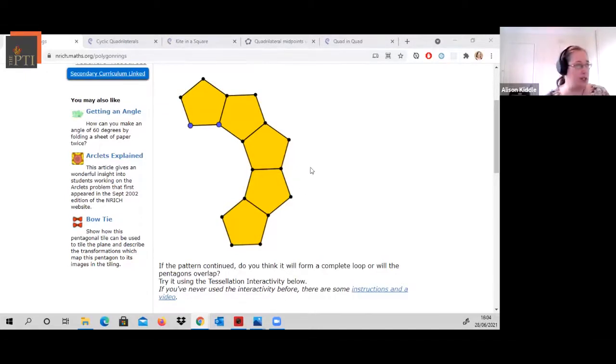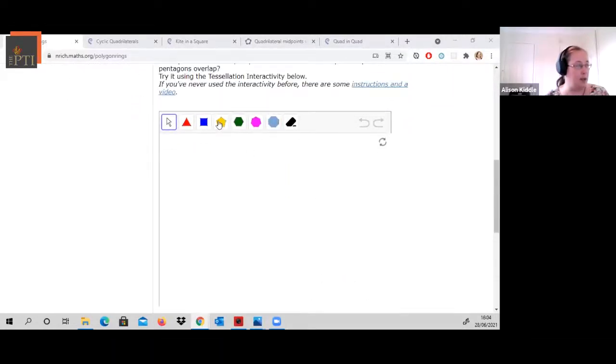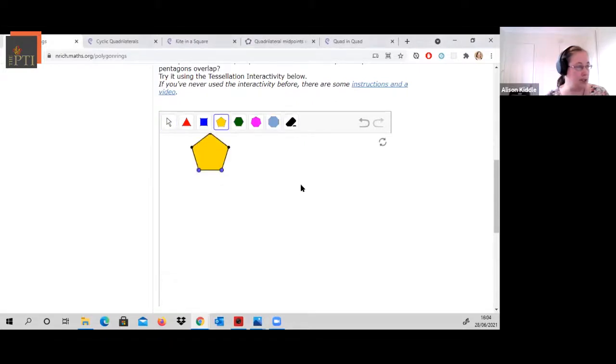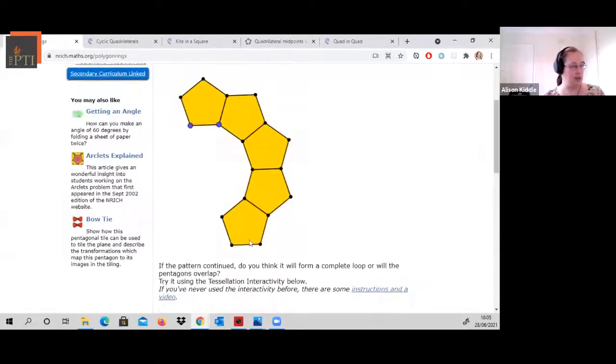One way that you can explore this is by using the interactive environment that appears in the problem. So I can click on the pentagon and then I can click 2 points. It uses Geogebra and that specifies the pentagon. And then I can draw my next one on by clicking 2 points in the pentagon and continuing to go around. So I can make exactly the same picture that we had at the top of the screen. So you might like to be thinking about what your answer to this question would be, whether it would form a complete loop or whether the pentagons would overlap.